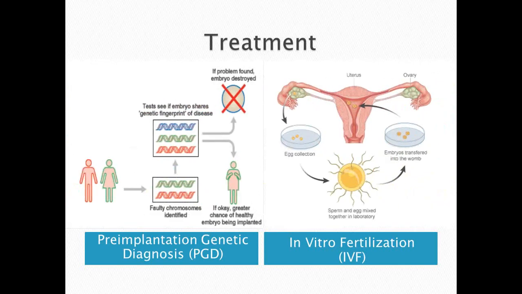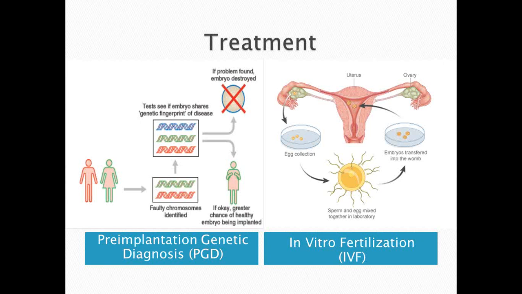Now, if the cause of this spontaneous abortion has been discovered to be chromosomal translocation, in vitro fertilization with preimplantation genetic diagnosis may be offered to the couple. So what does this mean? During this process, oocytes are collected from the woman and spermatozoa are collected from the male, and the egg is fertilized in the laboratory.